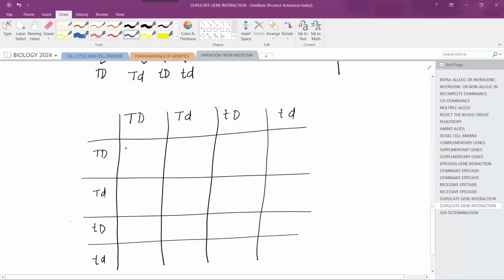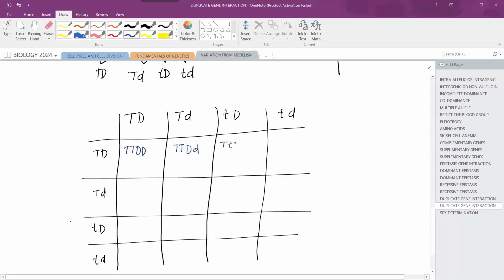Uppercase T, uppercase T, uppercase D, uppercase D. Big T, big T, big D, small d. Big D, big T, small t.